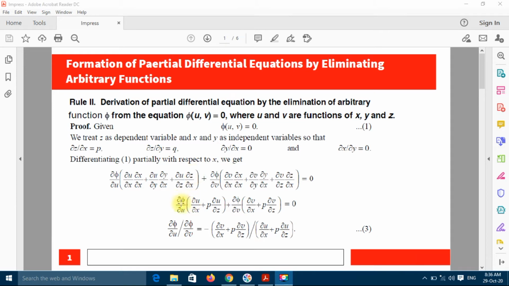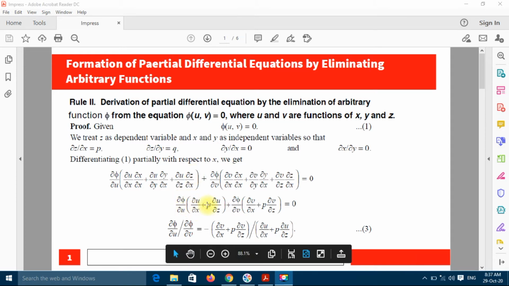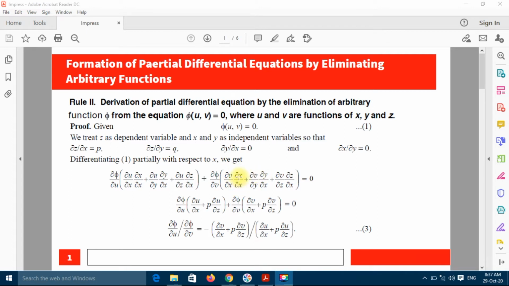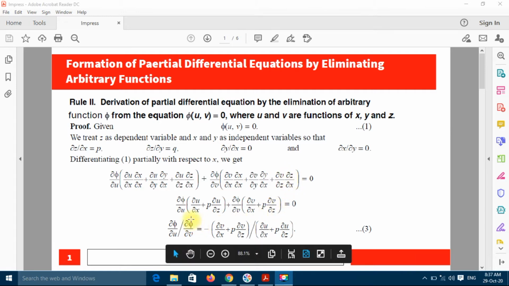So this becomes del phi by del u into (del u by del x plus p del u by del z) plus del phi by del v into (del v by del x plus p del v by del z), because del y by del x is 0, so this term is absent, and del x by del x is 1, so del v by del x plus del v by del z into p, because del z by del x is your p. Now we compute the value of del phi by del u upon del phi by del v, that is denoted by equation number 4.